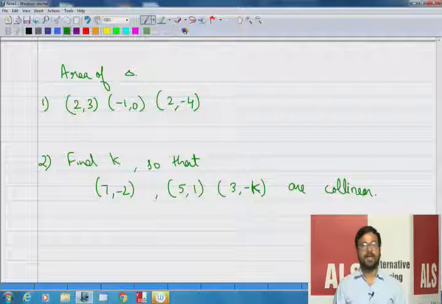Straight line, right. And if these 3 points are in a straight line, it means a triangle formed by these 3 points will have area as 0.